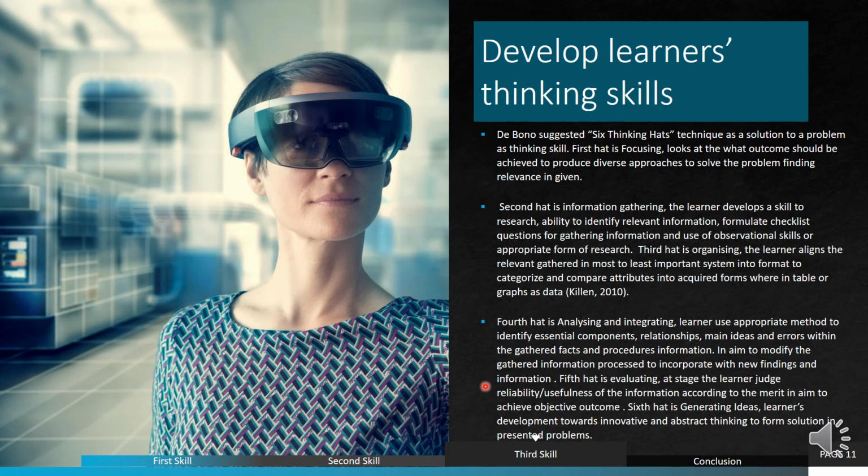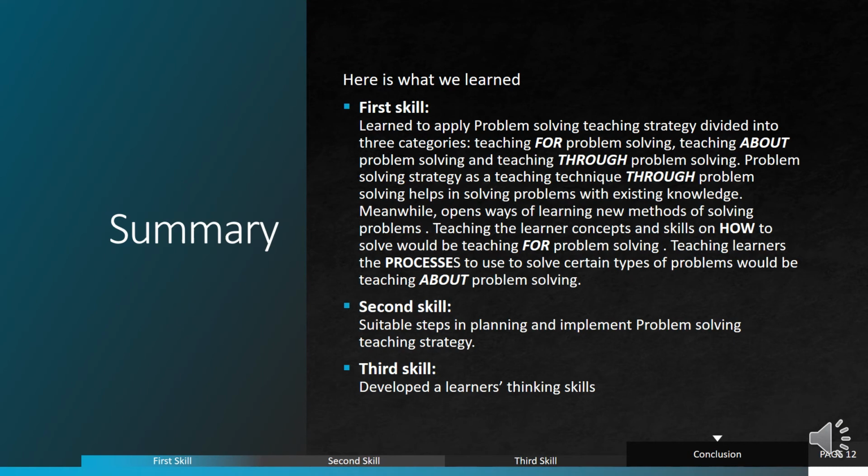The fifth hat is evaluating. At this stage, the learner judges the reliability and usefulness of the information according to its merits and aims to achieve the objective outcome. And the sixth hat is generating ideas, a learner's development towards initiative and abstract thinking to form a solution to presented problems.